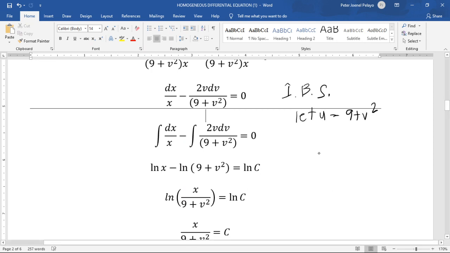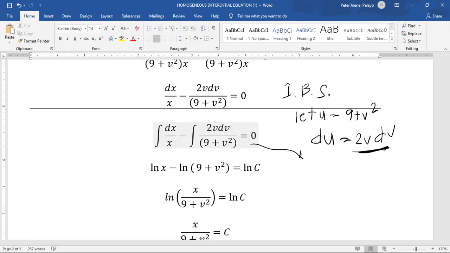So, du natin is equal to 2b dv. Etong 2b dv, yun yung magiging numerator. So, etong equation na to, magiging the integral of du over u. Kasi, du yung 2b dv, and then u natin is 9 plus b squared. So, the integral of du over u is ln u. Tama.